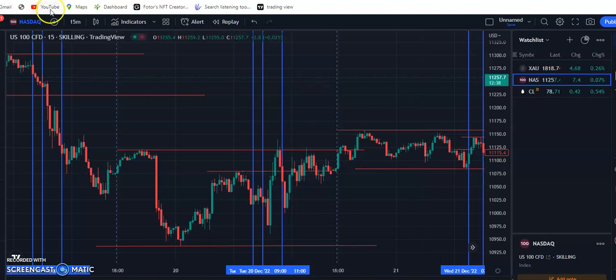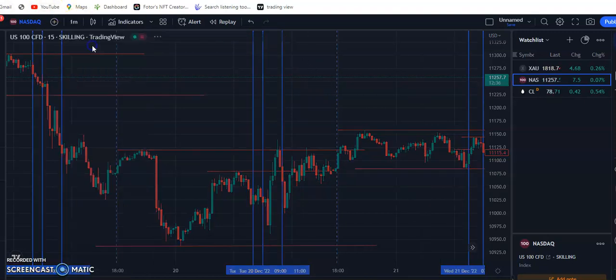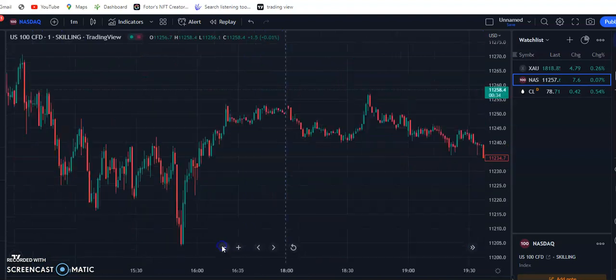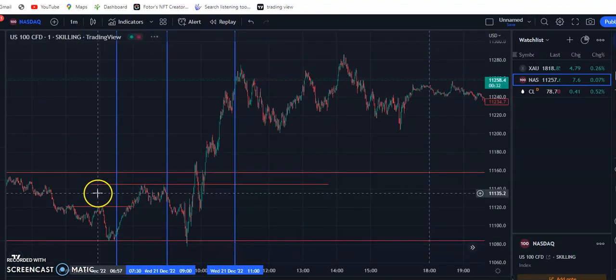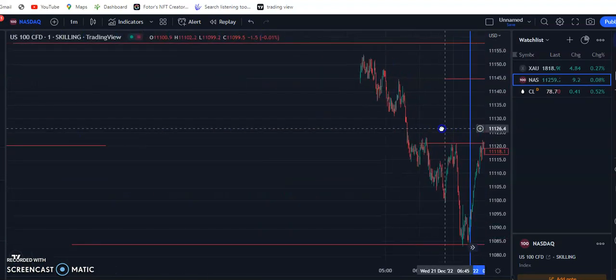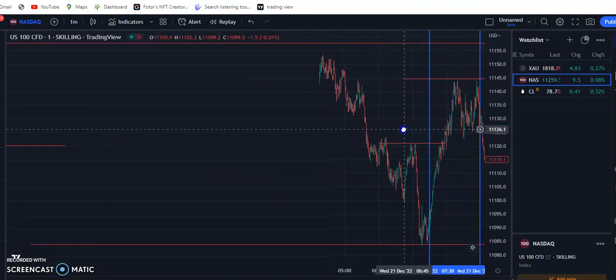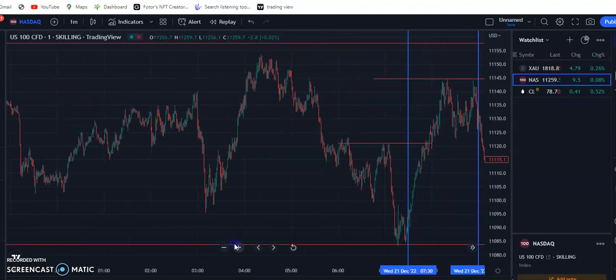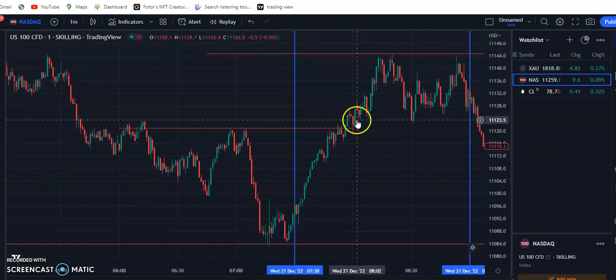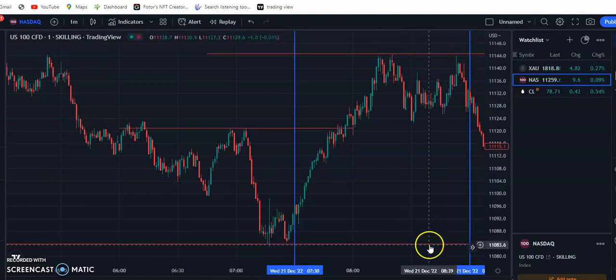Now let's go to the 1 minute time frame and see how the market reacted to the first hour. As you can see, the first hour set the high and the low of the session.